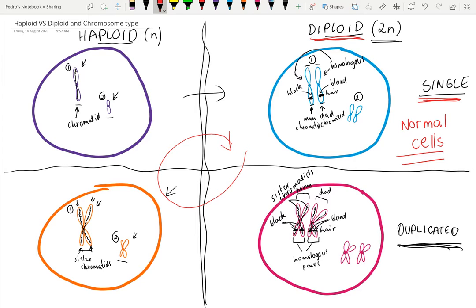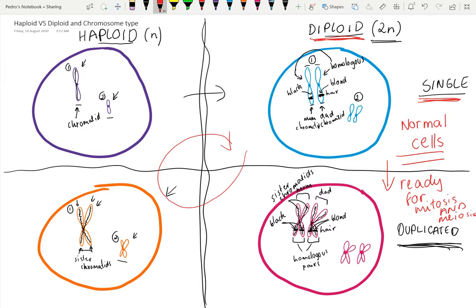So if we're getting ready for either mitosis or meiosis, we're going to jump into this box over here. So we're getting ready for mitosis and meiosis. So we've jumped down here.